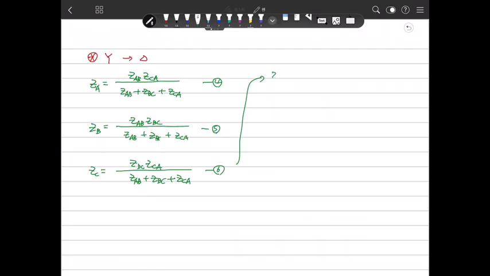Then GBC and GCA is the same with GC times (GAB plus GBC plus GCA). Define this equation as number 7. And then you apply 7 to 5.